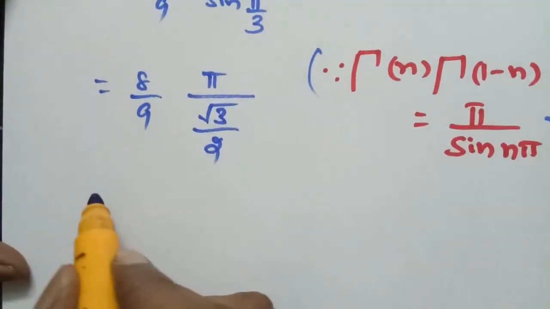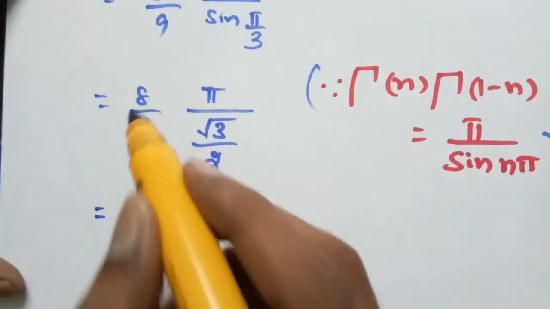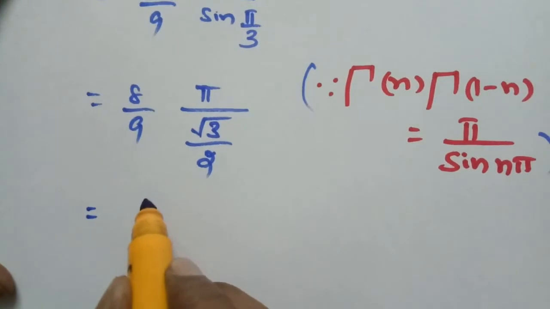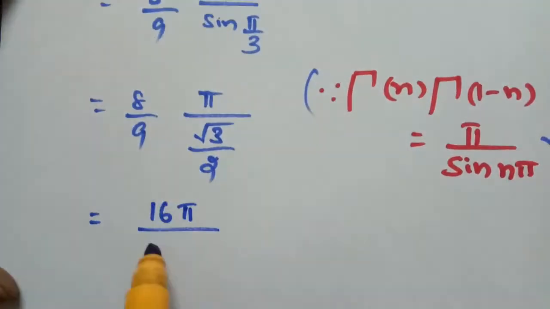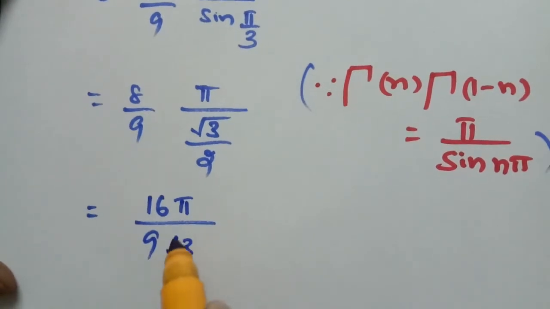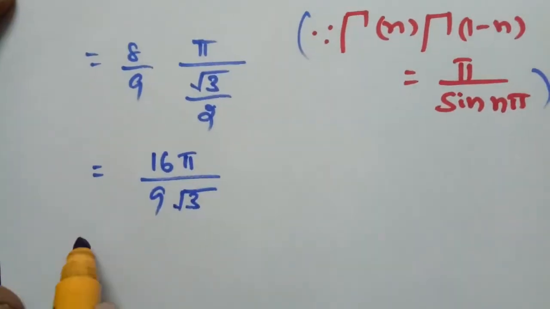That is equal to 2 into 8, 16 into pi by 9 root 3. This is our required integration value.